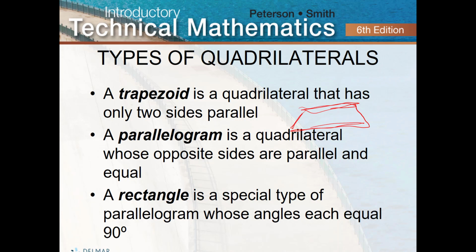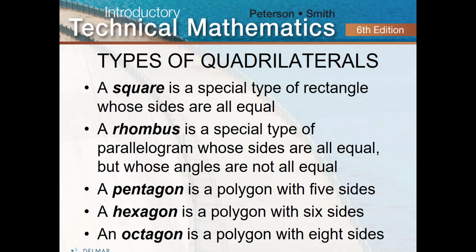Let's see if I can turn this into a parallelogram. So that would be a parallelogram. A rectangle, you better know what a rectangle looks like. I'll be very disappointed if you don't. A square, yes. A rhombus is a special type of parallelogram whose sides are all equal, but whose angles are not all equal.